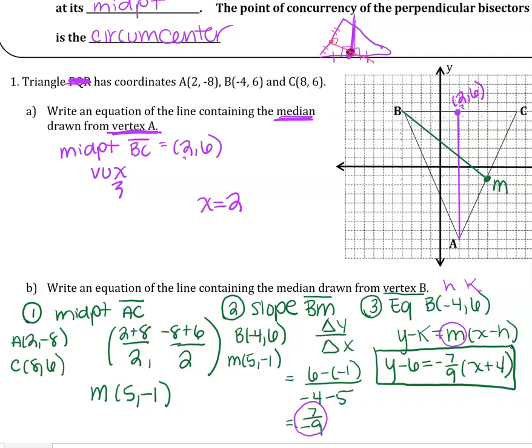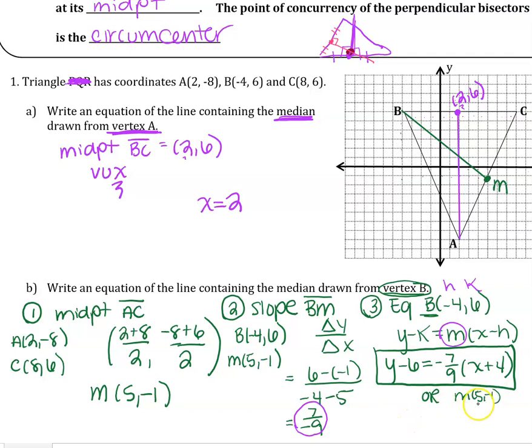Now, I said that there's technically another solution here. You can see that I deliberately chose an equation through point B because it told me to go through vertex B, but technically I could write an equation through point M, and that would look like this. So M has the coordinate (5, -1).